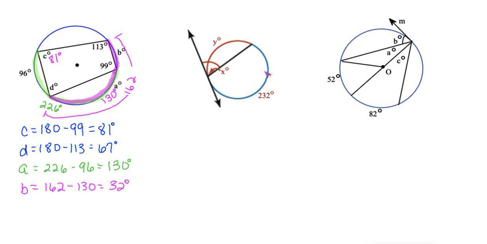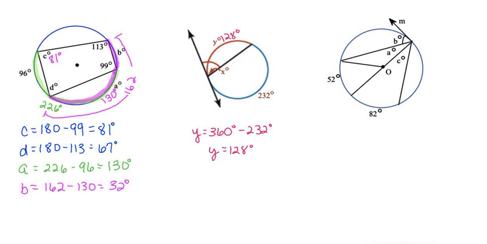The blue arc is 232 and the red arc Y together make 360. So that means Y would have to be 360 all the way around the circle minus 232, which leaves me with 128. So this is 128 degrees.